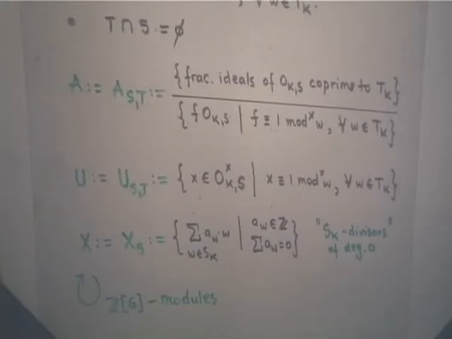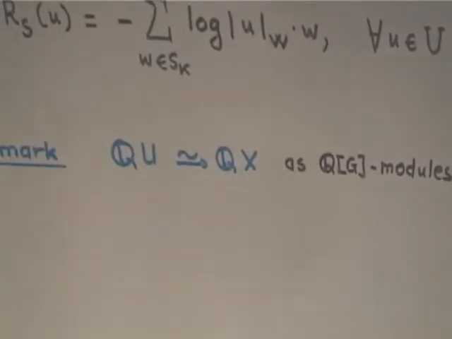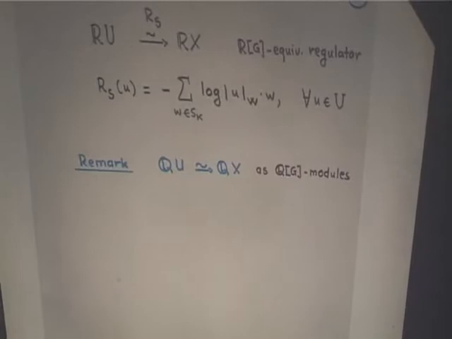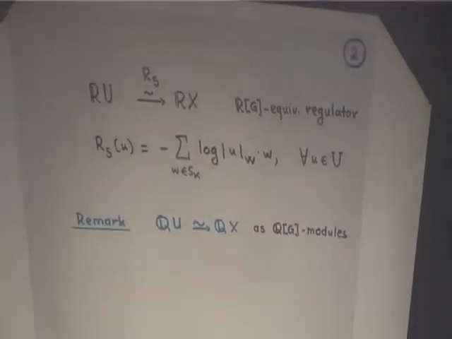And now, one little remark. This X that you see over there is very easy to understand. I mean, just divisors of degree 0 over Sk. But U itself is very difficult to understand as a Z[G] module.